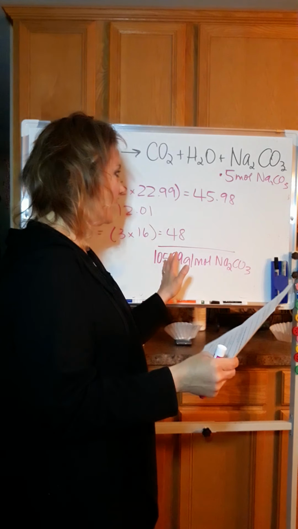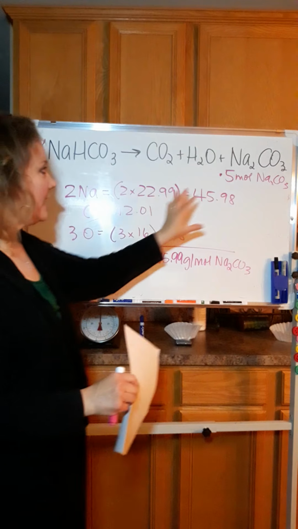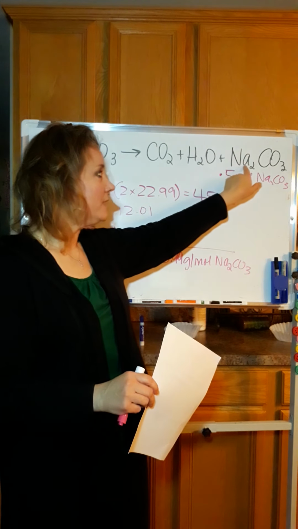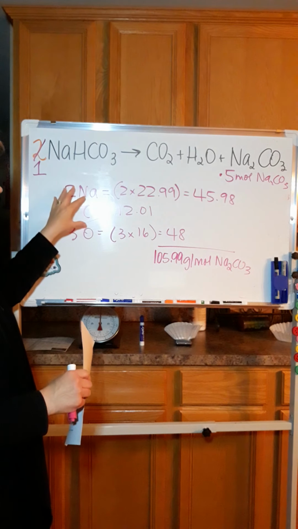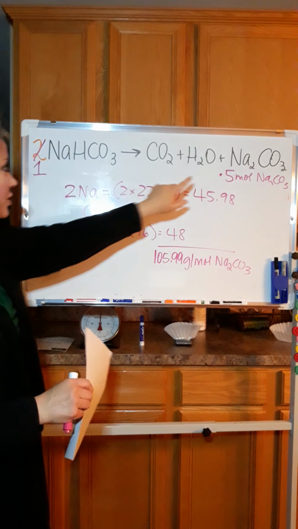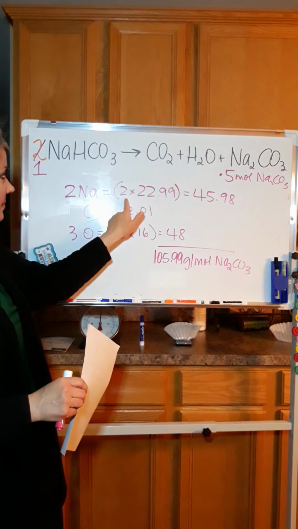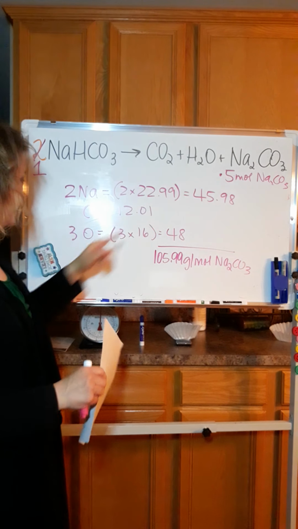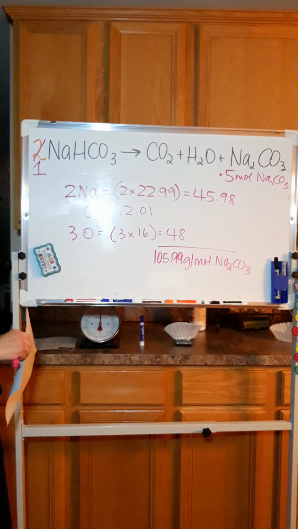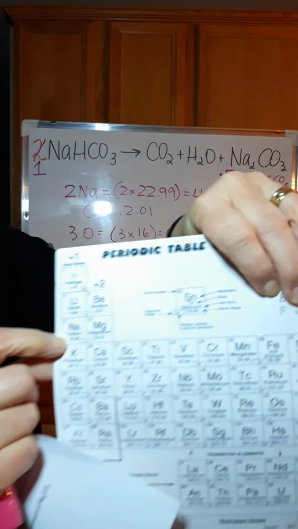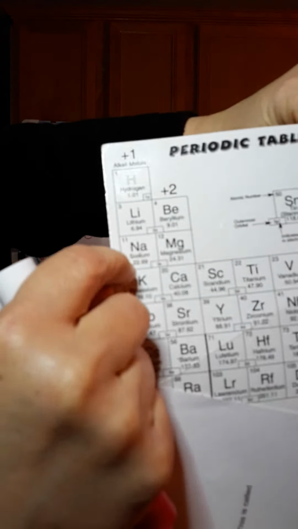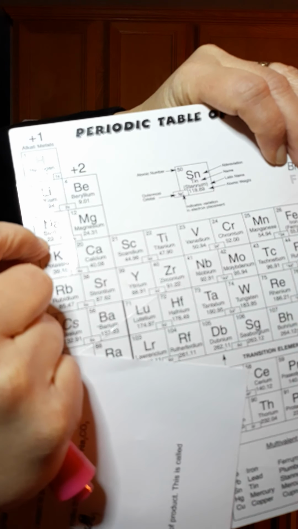So here's what I did on the board then. I figured out how much 1 mole of sodium carbonate weighs in grams. And so I've got 2 sodiums, and 2 sodiums is 2 times 22.99. And remember, I got 22.99 here from my chem helper.